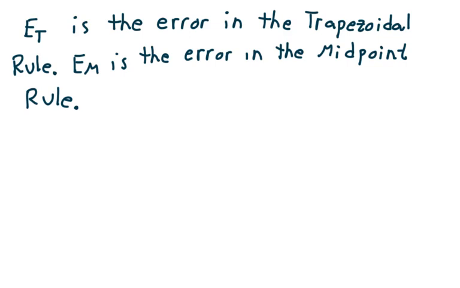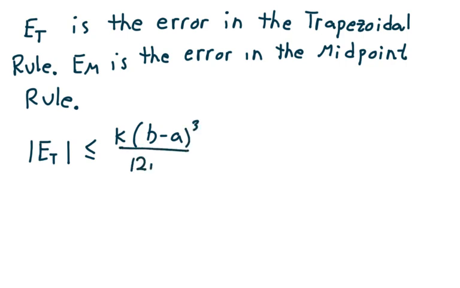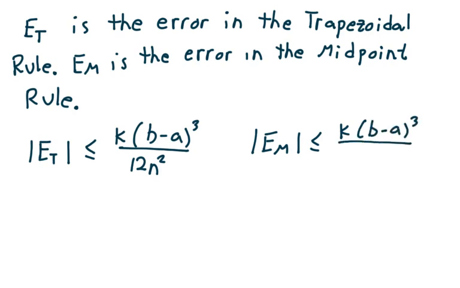E sub m is the error in the midpoint rule. So let's have a little reminder here. The absolute value of E sub t is less than or equal to k times b minus a to the third divided by 12n squared. And then the absolute value of E sub m is less than or equal to k times b minus a cubed divided by 24n squared.